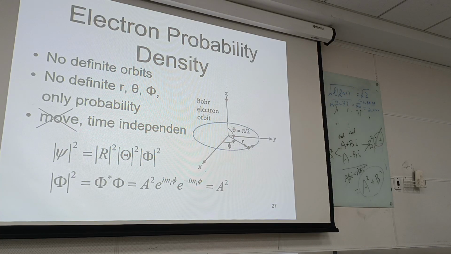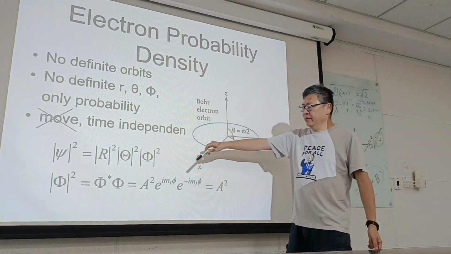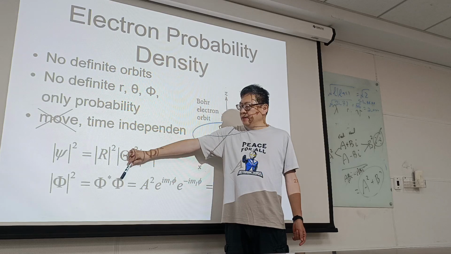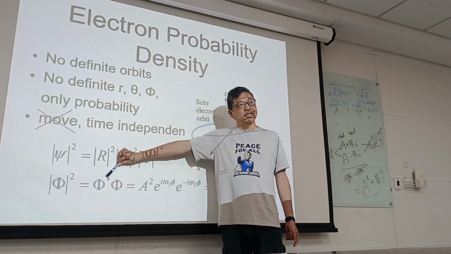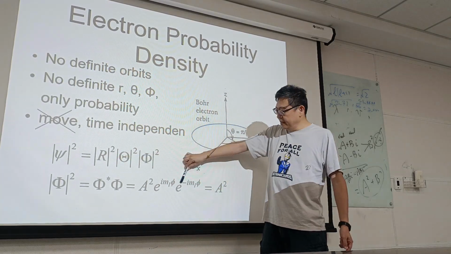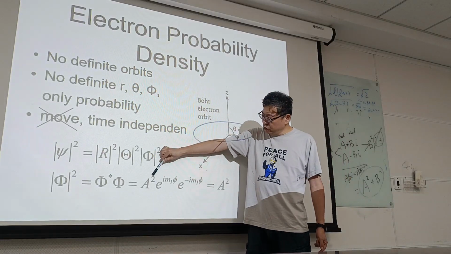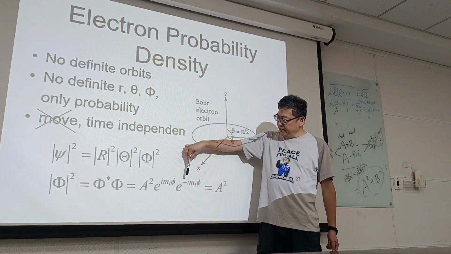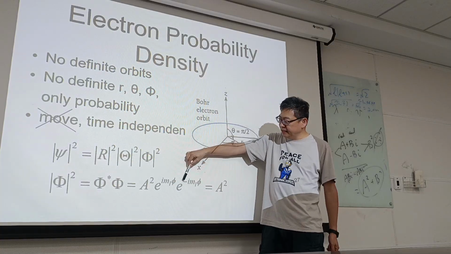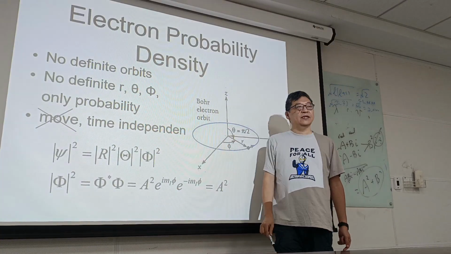So in order to measure the imaginary number, we need to convert it into a real number first. How do I convert it? I need to take the number and its conjugate. So this is A e to the i n phi, times e to the minus i n phi, which cancel out, and it becomes A squared.